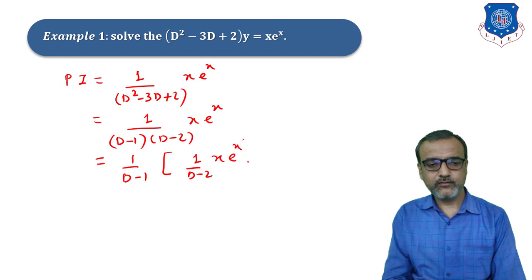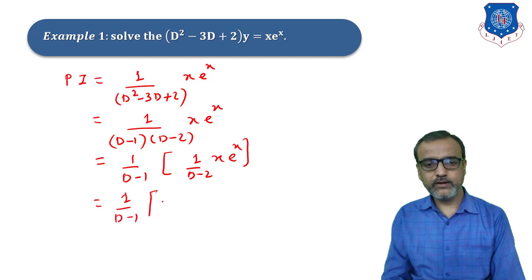So this equals 1 upon D minus 1. Now applying the 1 upon D minus 2 operator on x e raised to x, we have integration of x e raised to x, this is R of x, and here we have D minus 2, so we write e raised to minus 2x inside, and e raised to plus 2x outside the integration.